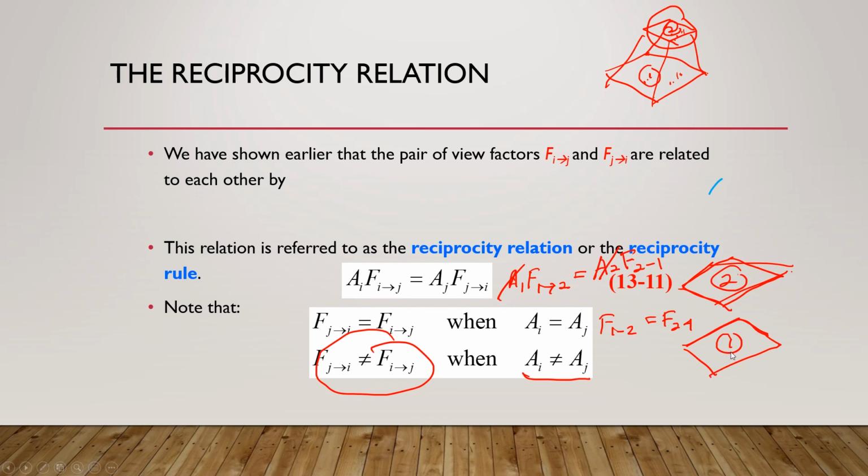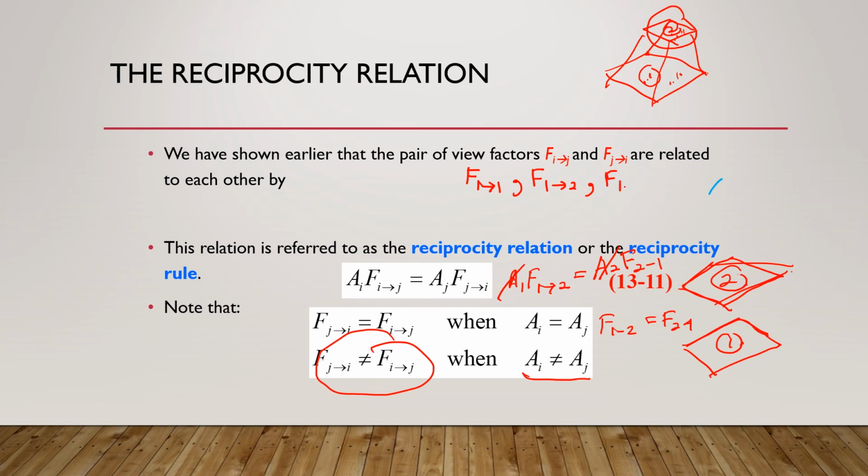you will calculate F1 to 1 and F1 to 2. Referring to this figure, you will try to find F1 to 1, that is the first view factor, and the second view factor is F1 to 2. Then F1 is already finished, right? F1 to 1, F1 to 2.